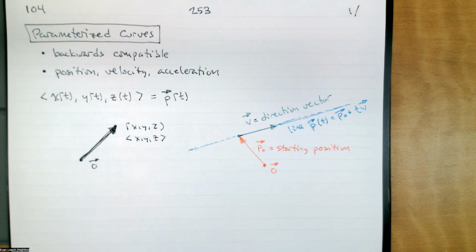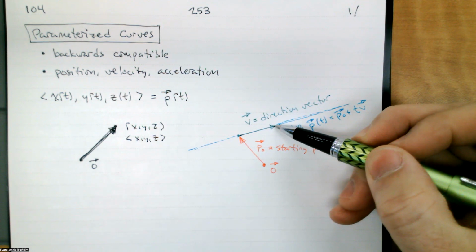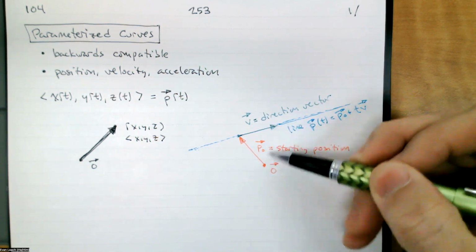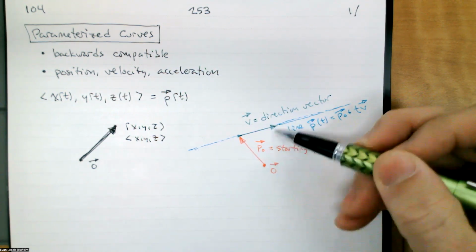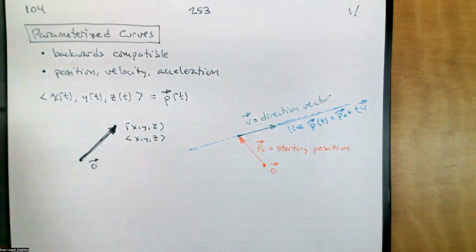If we do P naught plus 1 times V, that would put us at this location. And we could just use that same position vector to describe that position. So we're all good here. Position can be a vector.